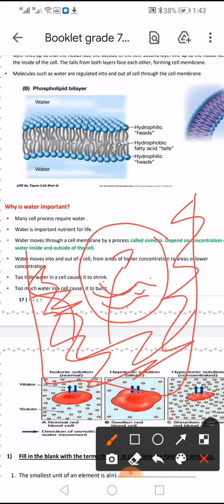As the beaker contains a high concentration of water, while inside the cell is a low concentration. So the water moves from the high concentration in the beaker to the low concentration inside the cell. This makes the cell swell and causes the cell to burst.